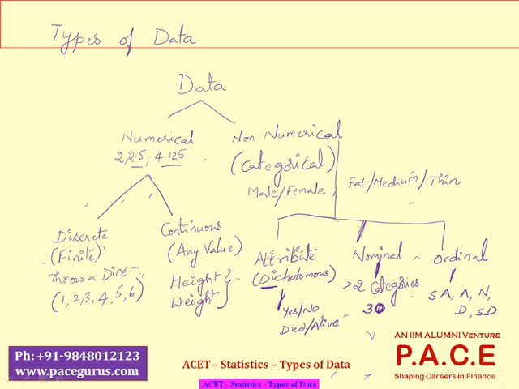And if it is non-numerical or categorical data, should we look at it as attribute based data, nominal data, or ordinal data? Because only once I have clarity on this can we do some level of analysis applying the appropriate statistical tools and techniques. I hope this basic classification of the various types of data is comfortable for you.